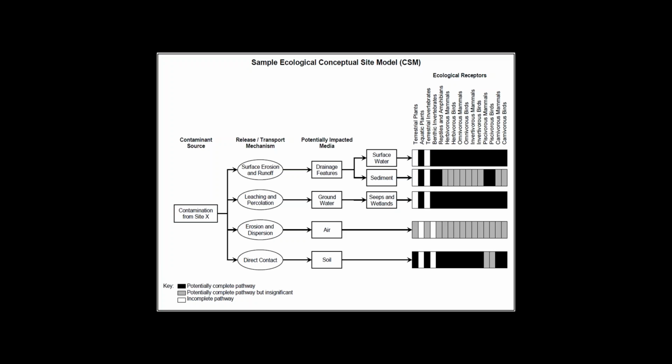In this case, it's focused on those contaminant pathways which could affect an ecologically sensitive resource. And you evaluate this and determine which of those pathways are complete, potentially complete, or incomplete. Obviously, the pathways that are complete or potentially complete are the ones that you'll need to focus your sampling on during your site investigation.